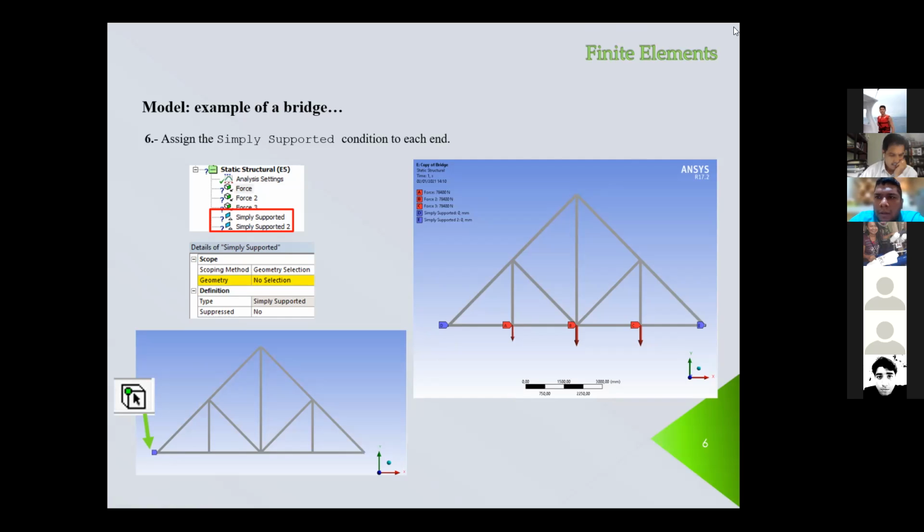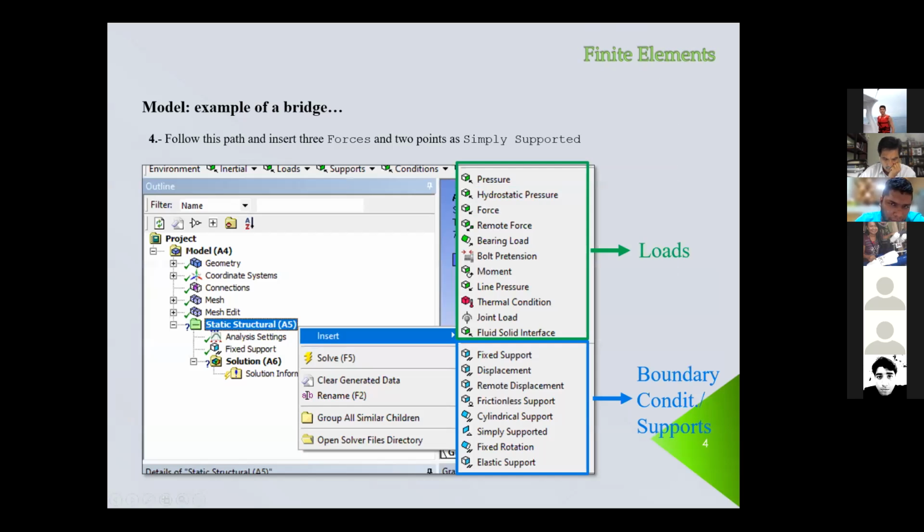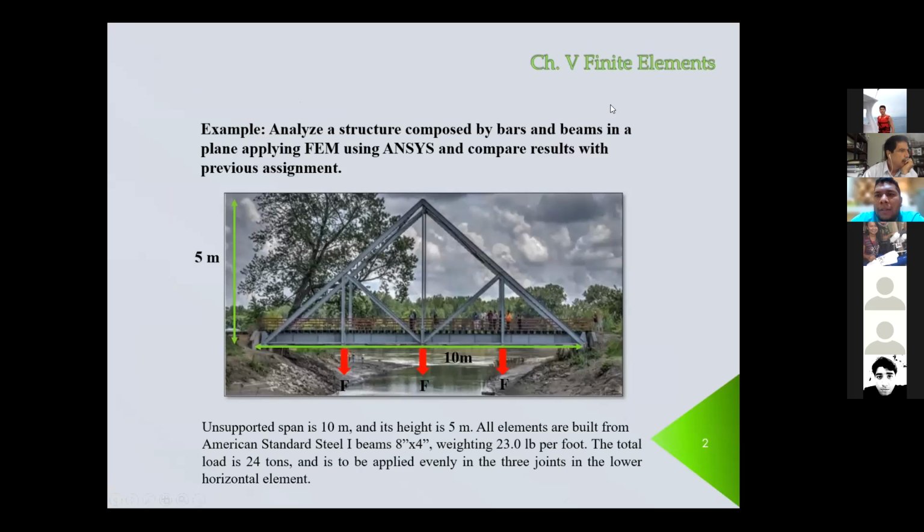Okay, so let me go back. You see that maybe you can use fixed support, but the situation here is simple support, right?